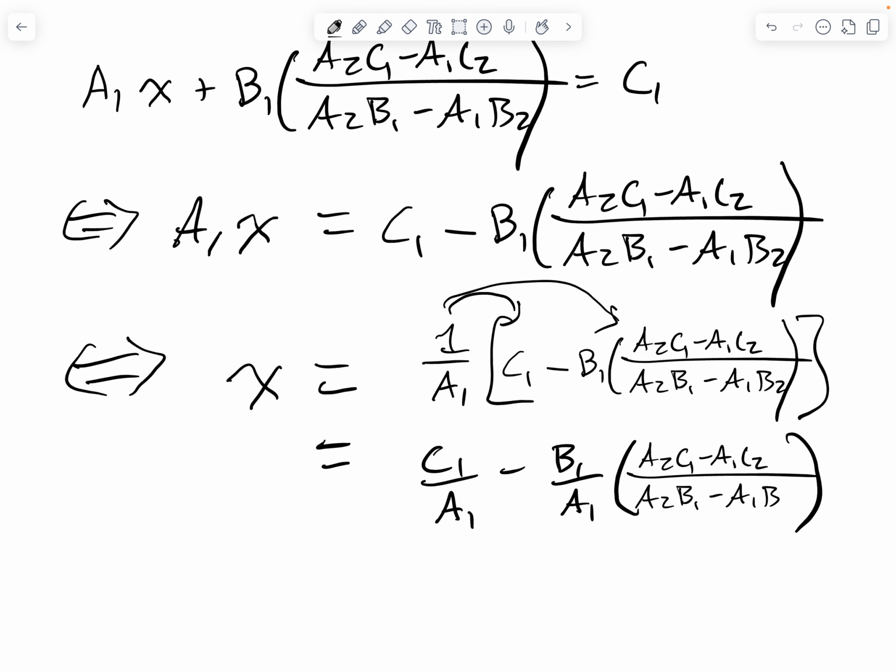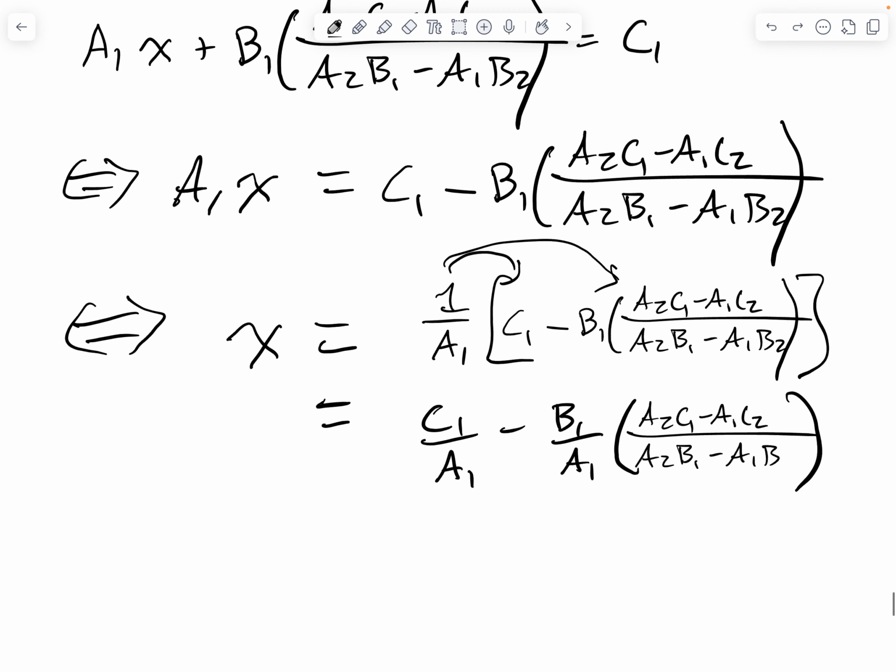Okay. Up here, I'm only writing A1 once. Down here, I'm writing it twice, right? But up here, we have parentheses. If you wanted to, you could do this. Distribute the B1 up here and distribute the A1 down there if you wanted to.